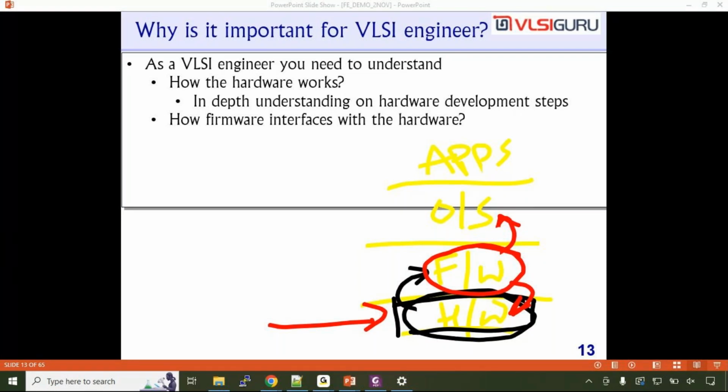An in-depth understanding of hardware, and a basic overview of how firmware works with hardware. You understood? You are not going to develop the firmware. As a VLSI engineer, you don't develop the firmware. But you create the hardware in such a way that it is easy for this firmware to control the hardware.